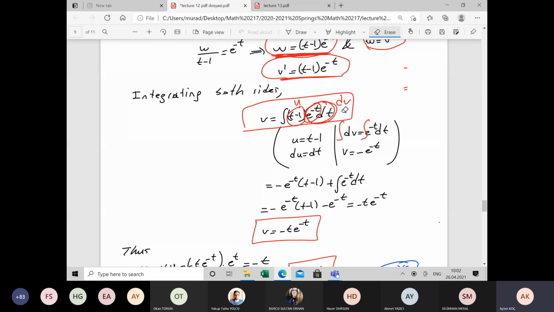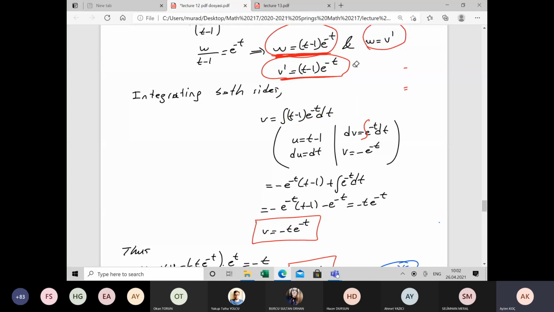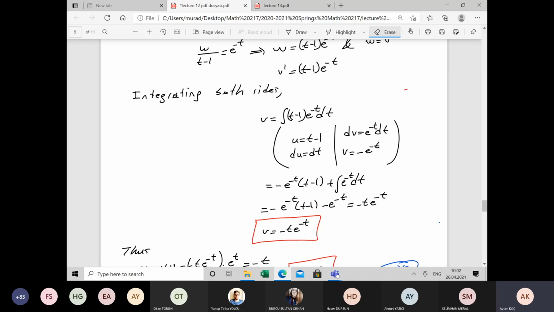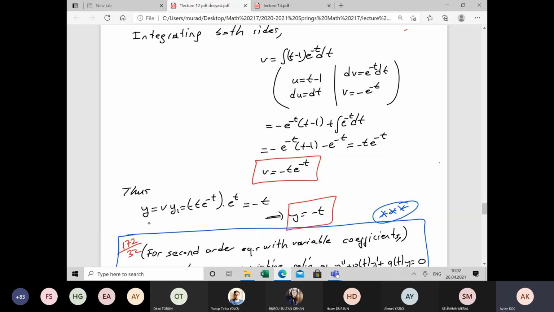So v is this one, and our solution is y equals v times y sub 1. Substitute v here, with y sub 1 equal to e to the t. So we obtain minus t.